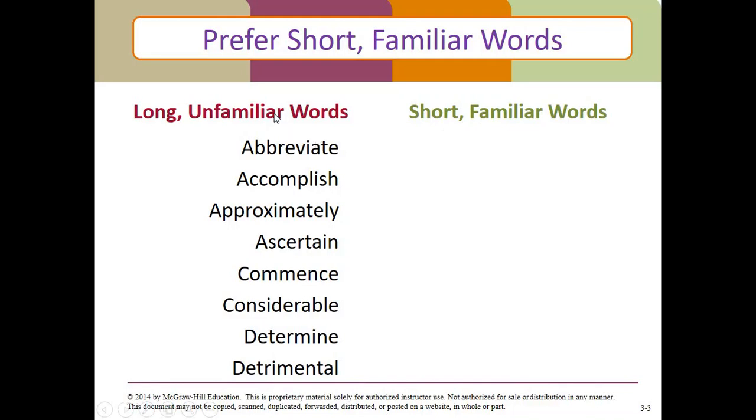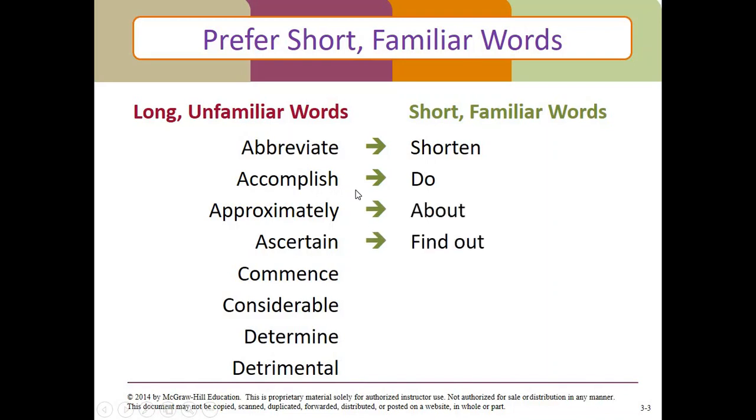Now let's look at some examples of long and unfamiliar words. These are, say, abbreviate, accomplish, ascertain. Now let's look at their shorter, familiar versions. Abbreviate means shorten. Shorten is much easier than abbreviate. Accomplish, do.